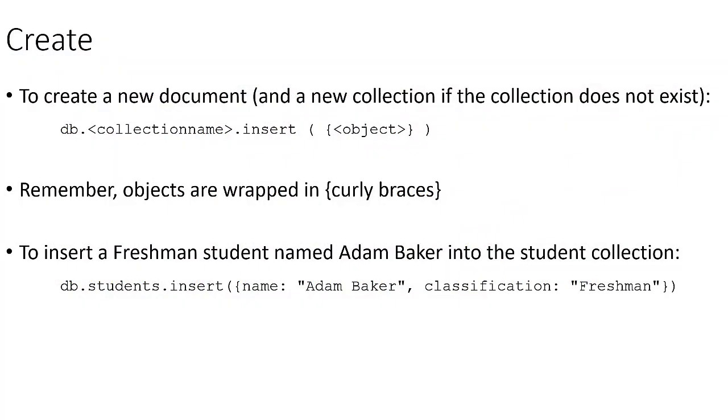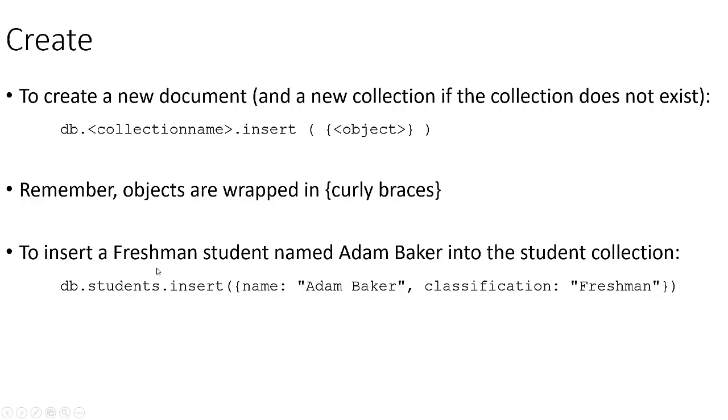In order to create our first collection, we are going to insert a document. The way we do that is to say db dot the name of the collection dot insert, and then in parentheses an object. Remember from our earlier discussion that an object in JSON is always wrapped in curly braces.